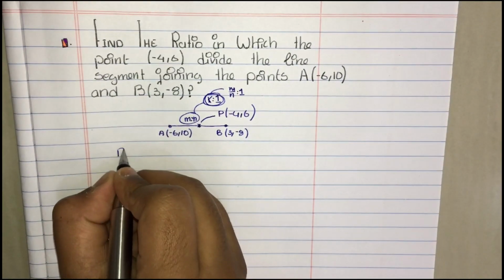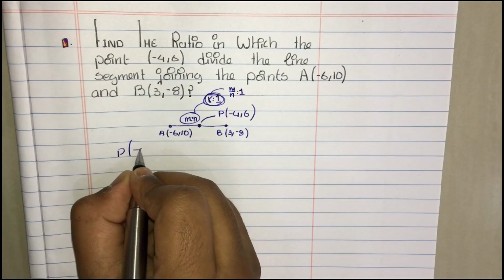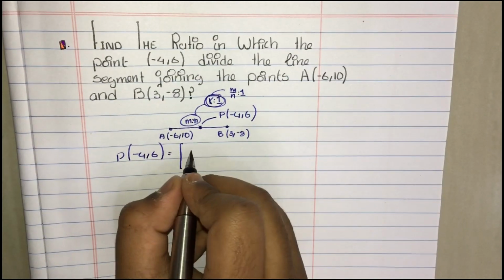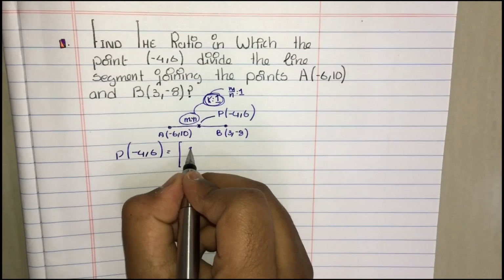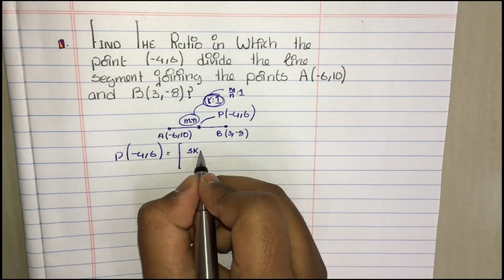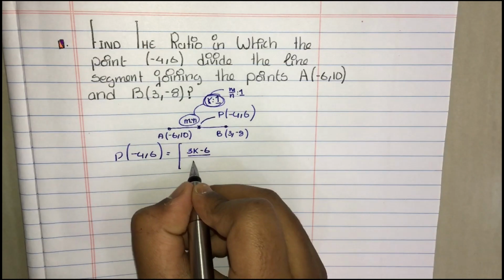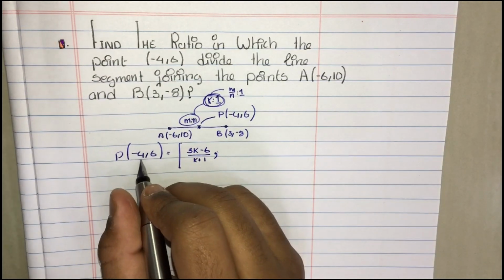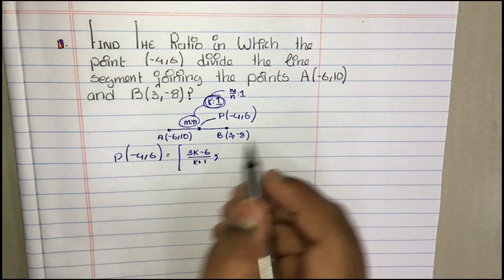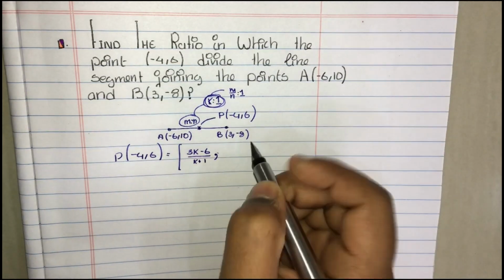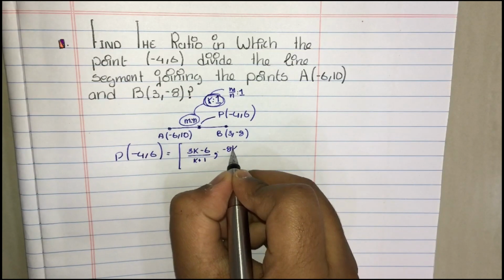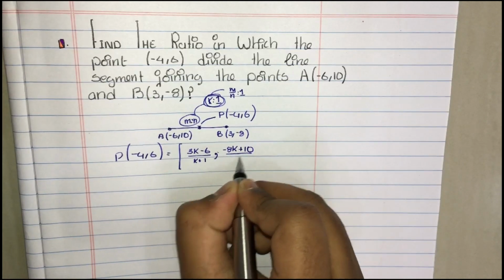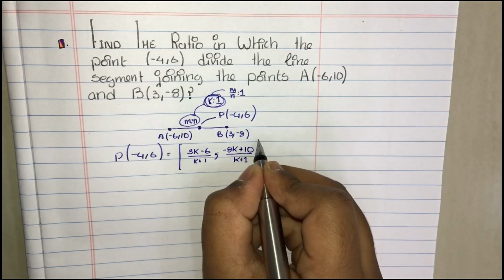Now P(-4, 6) is equal to 3k plus 1 into -6, that is 3k - 6 by k plus 1, comma, this is for the -4. Now for 6: k into -8, -8k, and 1 into 10, plus 10 by k plus 1.